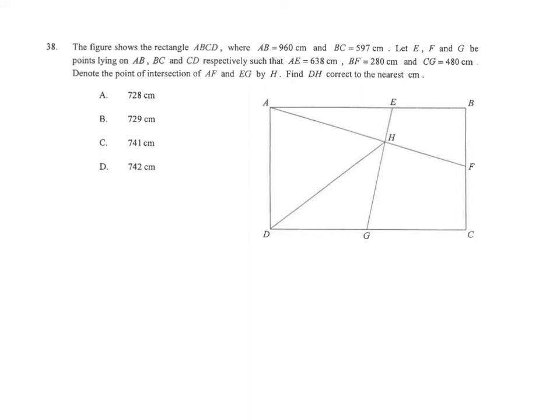For question number 38, we are given a rectangle and they are giving us some lengths. They told us the whole length of AB is 960 and BC is 597, and then they're giving us individual lengths like 638, and 280, and at the bottom CG, which is 480.